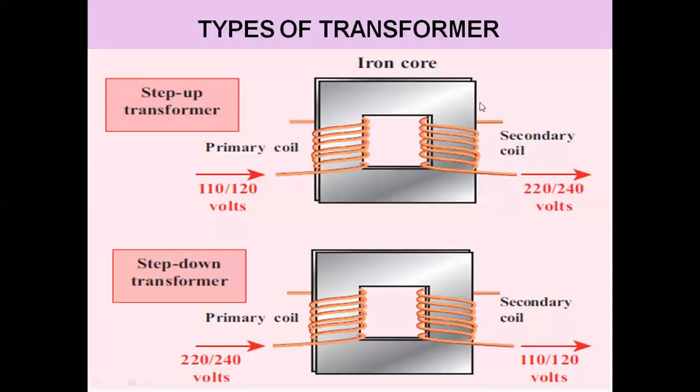The alternating current flowing through the primary coil induces a magnetic field in the iron ring. The magnetic field of the iron ring induces a varying EMF in the secondary coil. So this is the working principle of the transformer.